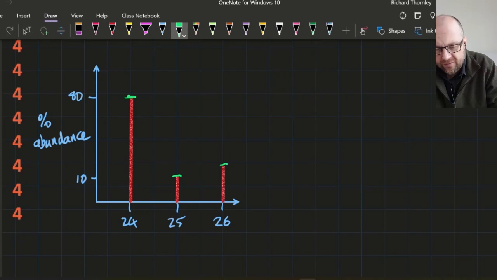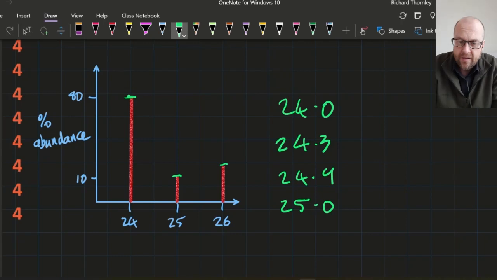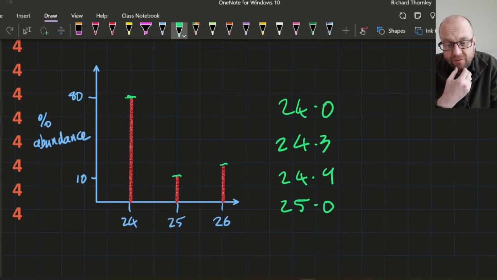Looking at my answers, I've got 24.0, 24.3, 24.9 and 25. Normally they'll give you a number that's beyond the range, like 23, that's obviously, you're never going to get that. 27, you're never going to get that. But here they haven't. 24 is wrong.